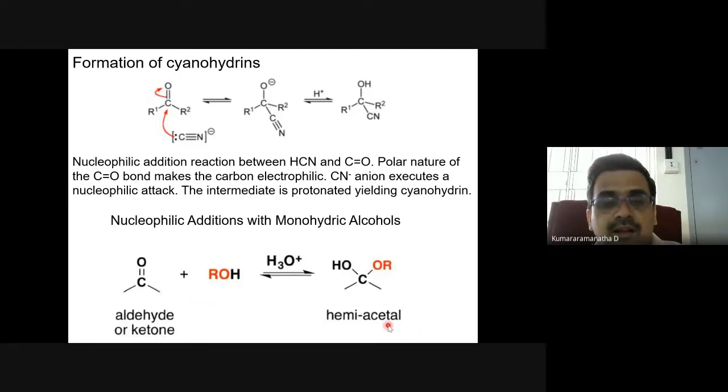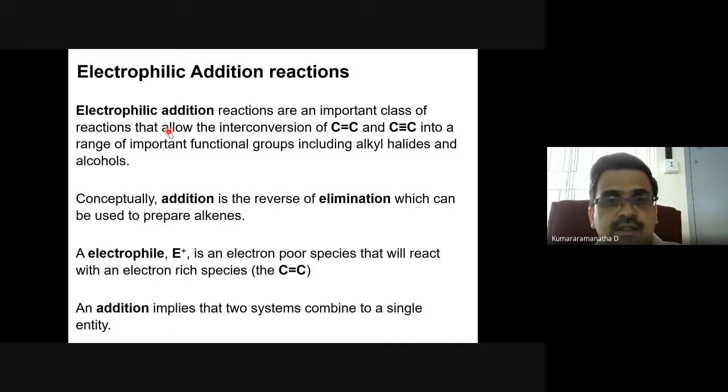To get nucleophilic addition with alcohols in an acidic medium, you end up getting hemiacetals. So you are adding a nucleophile to a substrate like this. It's just an addition reaction: the nucleophile is being added to, or interacting with, an electrophile. These are one set of features, and you also have electrophilic addition reactions.